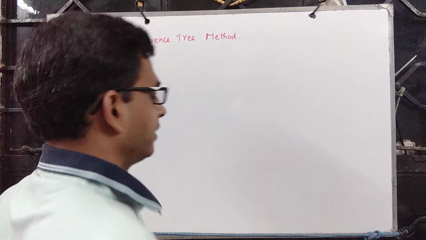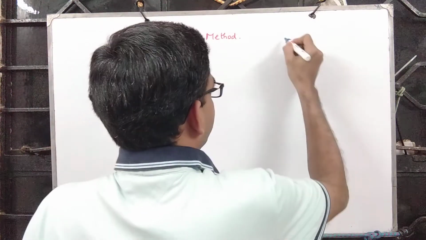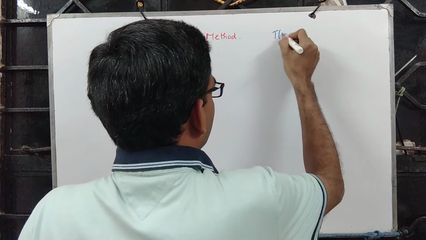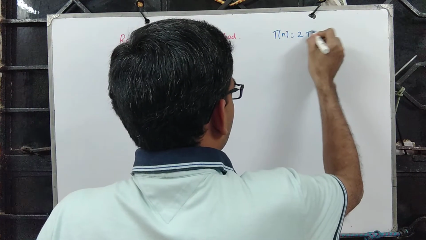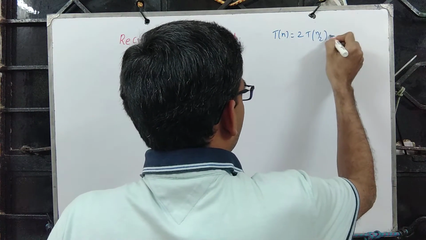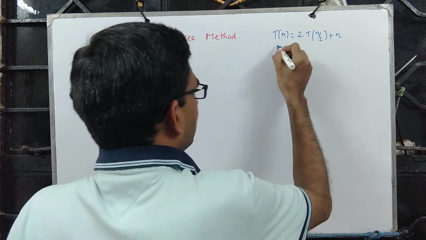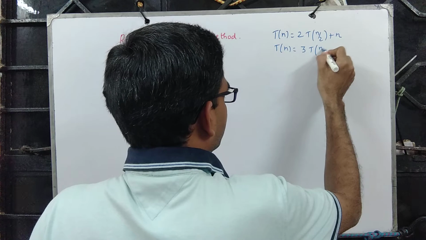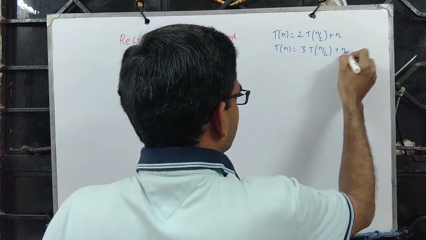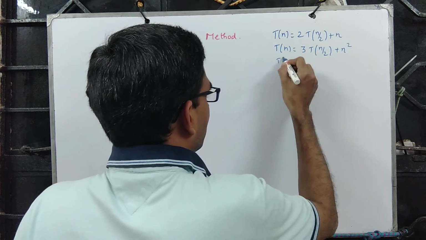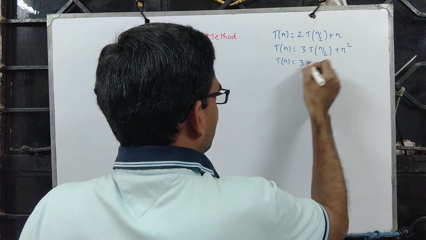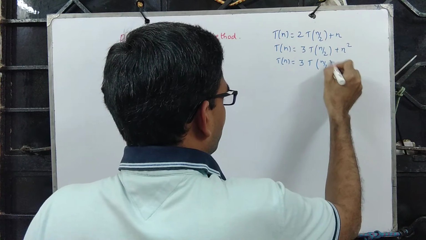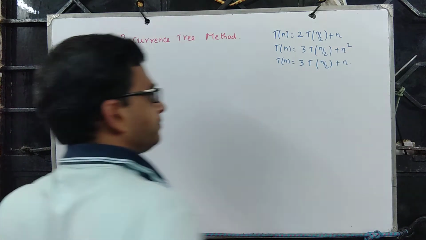So far, we have been discussing case studies like this. T of n is equal to 2T of n by 2 plus n, and T of n is equal to say 3T of n by 2 plus n square. T of n is equal to 3T of n by 2 plus n.